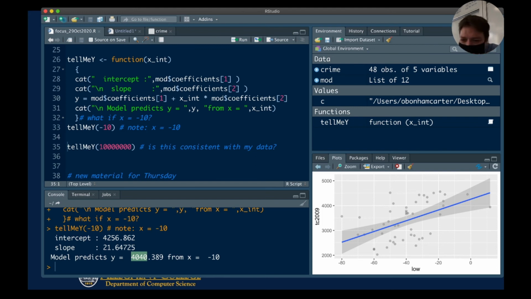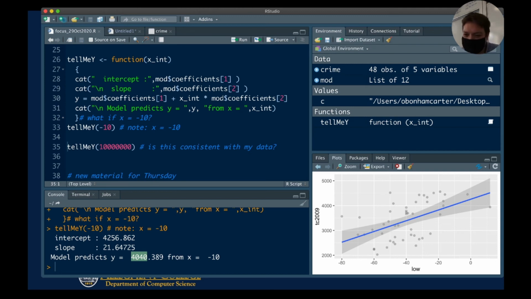Now, one thing I'll show you is I've left open this plot, and it's kind of hard to see. Unfortunately, I just cannot get this to get any bigger. I can't point to it, but you can see it. On the plot on my right-hand side, where my x is equal to minus 10, find that point between the minus 20 and 0, follow the line all the way up to where it touches the blue line, and you'll find that that point is 40.389.